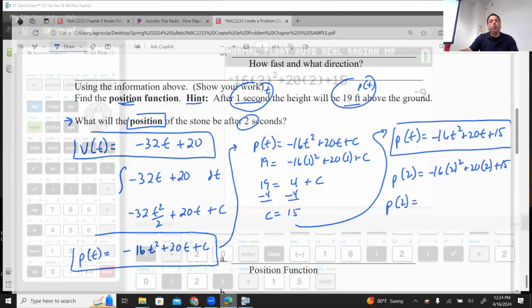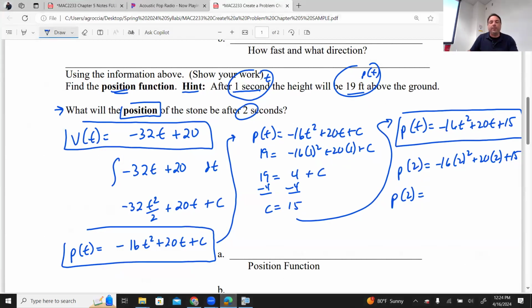Now again, what does that mean? Well, remember, we're talking about position. So would this be feet per second, or feet per second squared? Feet. So at 2 seconds, the stone's position is -9 feet.